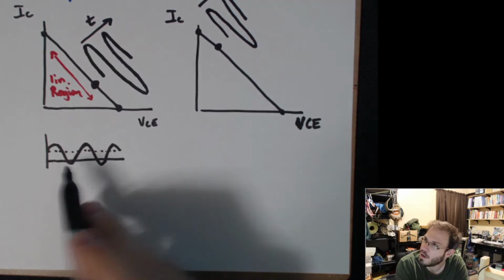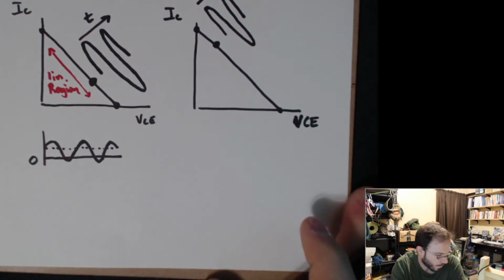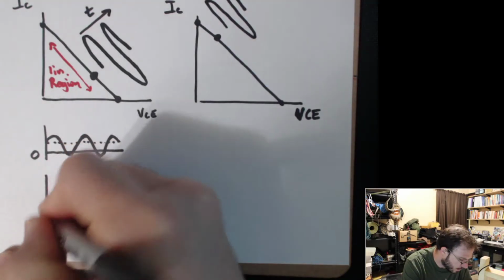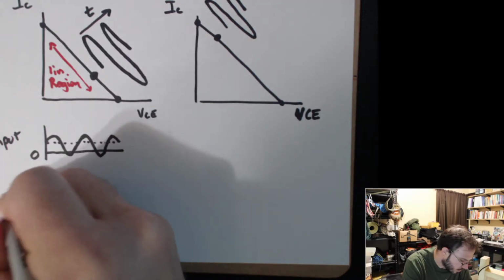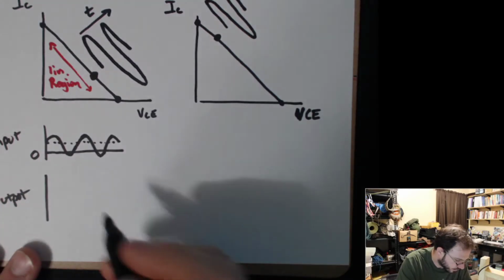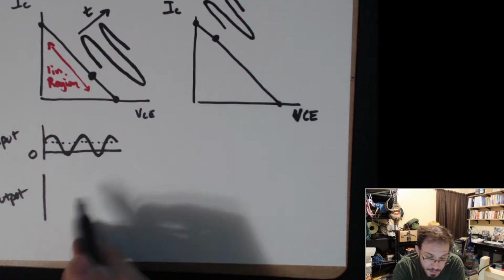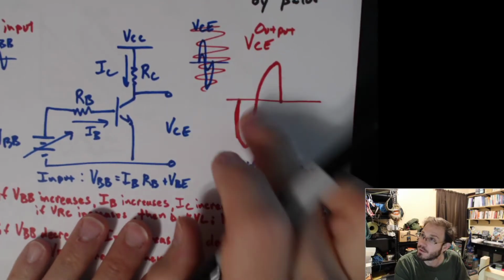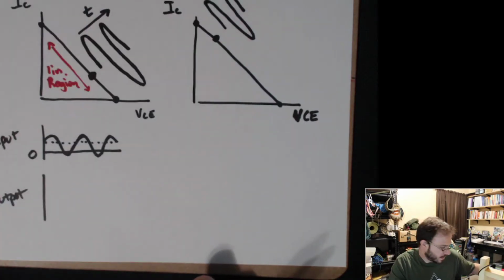If you notice over here, we're dipping way below the 0 point. When we dip below the 0 point, our output, which would be VCE, is going to get cut off.